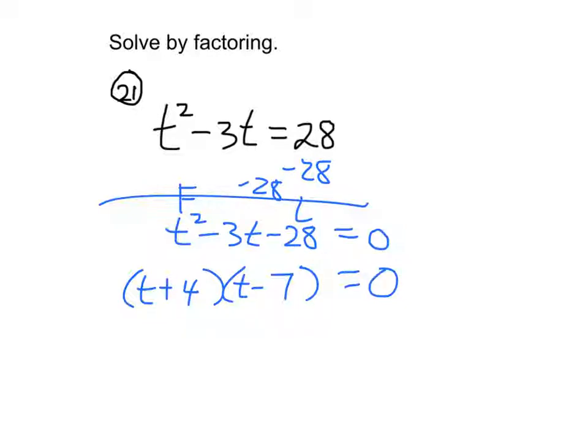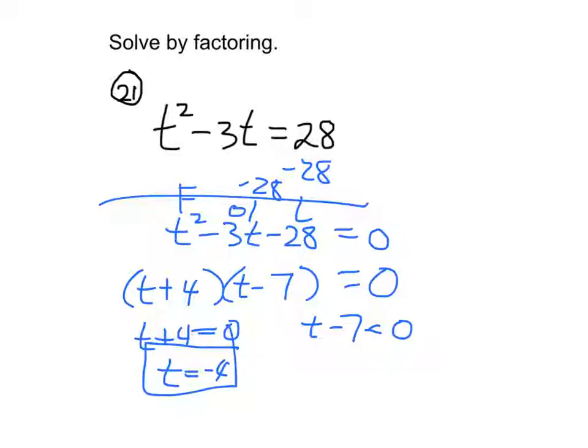Now negative 7t plus 4t is negative 3t, so all of FOIL works. Setting the parentheses equal to 0, t plus 4 equals 0, and t minus 7 equals 0. Subtract 4 from both sides, t equals negative 4, and add 7 to both sides, t equals 7. So we have our answers.